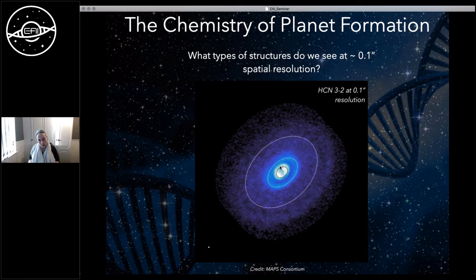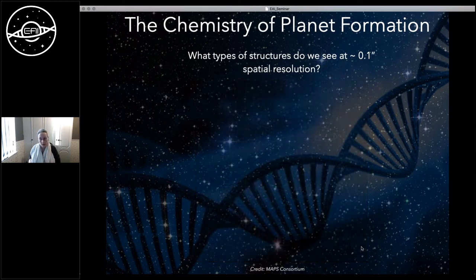You can see various different features: the inner ring, this fainter ring, and there's also a little gap here. We can also very clearly see the edge of the molecular disk traced in HCN 3-2. So again, a huge amount of substructure compared to what we might have expected with previous generation observations.